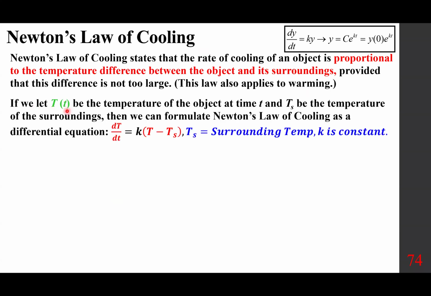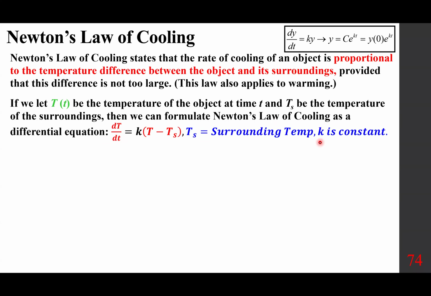If we let T of t, capital T, represent the temperature of the object at time t, and T sub s be the temperature of the surroundings, then we can formulate Newton's law of cooling as a differential equation. Remember, a differential equation is anything that involves differentiation and an equation. dT/dt is k times (T minus T sub s), where T sub s is the surrounding temperature and k is some constant.